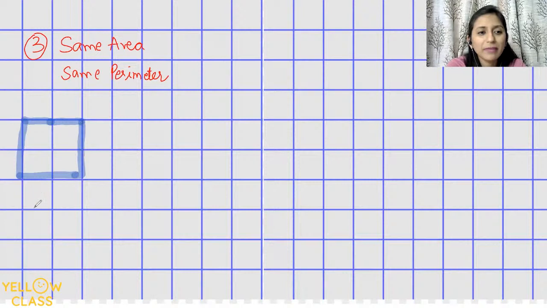Okay, so what is its perimeter? The side length is 2, right? So I'm adding 2 4 times. So this is 8. And what is its area? 2 times 2. Oh, that is 4.